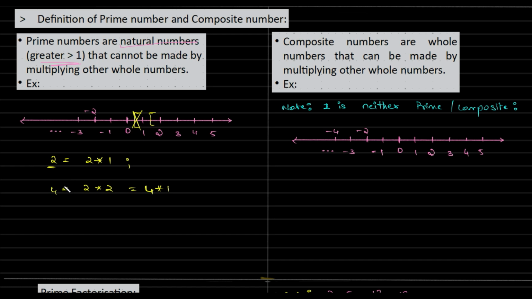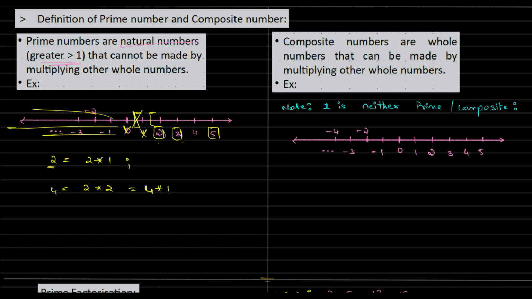So in that way, 4 is not a prime number. So 3 is prime, because 3 cannot be written other than 3 into 1. We can't write it as anything else. Sorry, 5 is a prime number. 1 is not a prime number. So 2, 3, 5.